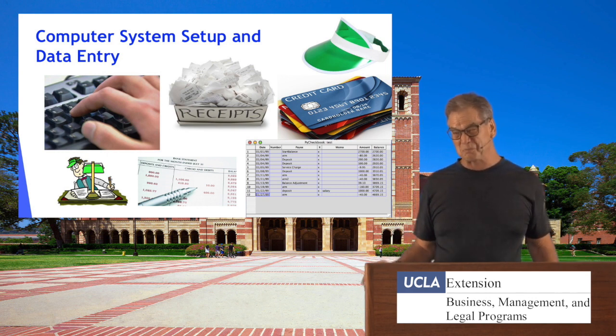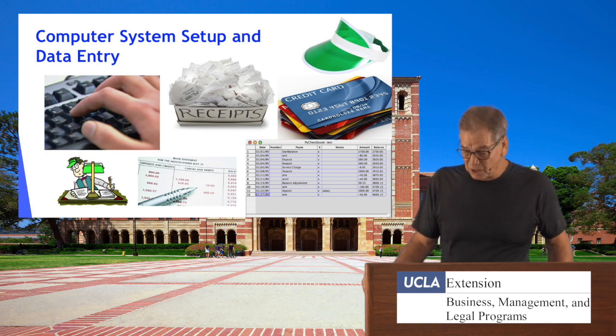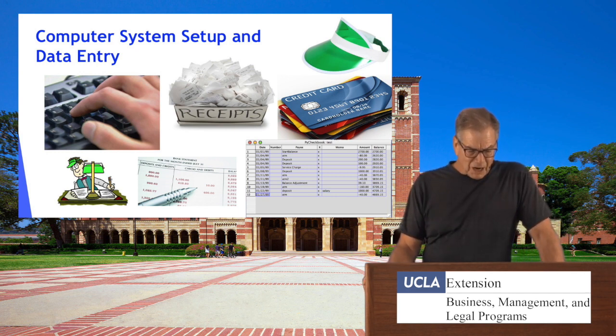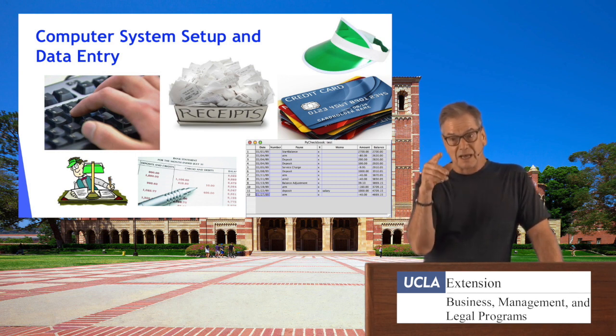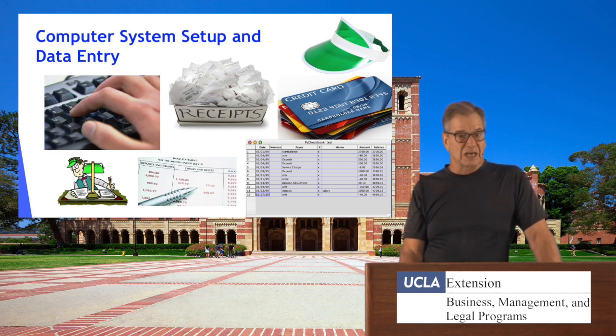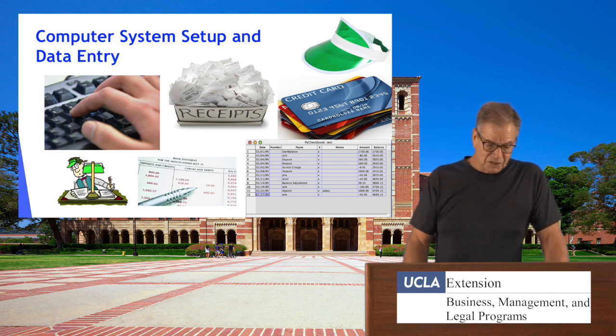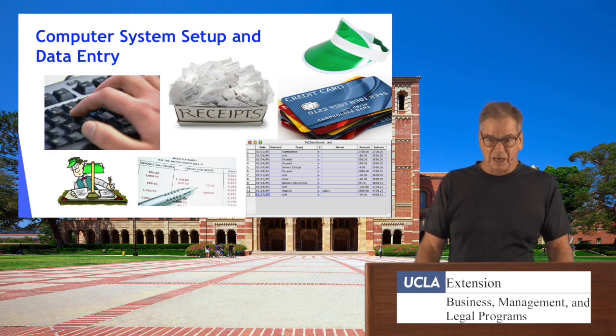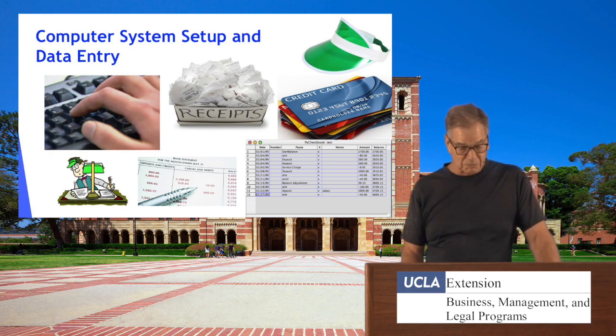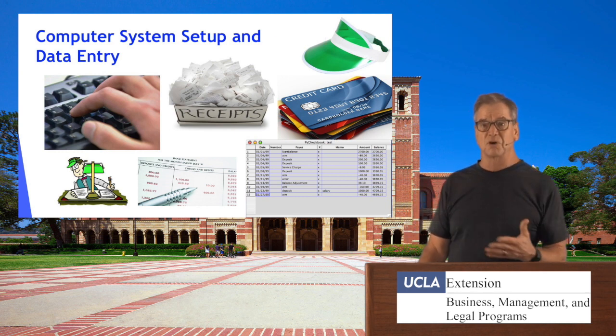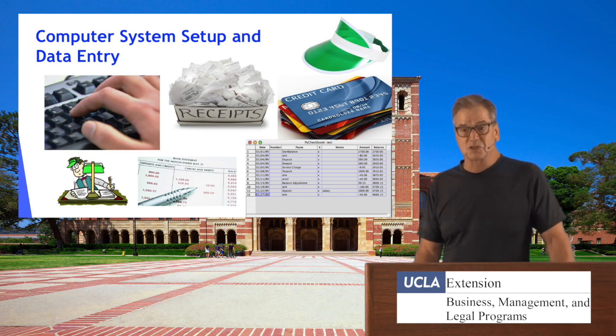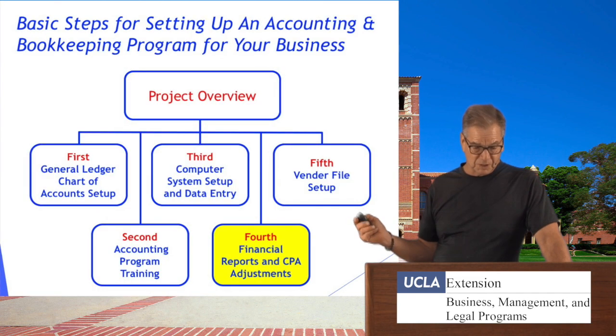So you're not creating a bigger problem. So take to heart the need to set up these systems as soon as you possibly can, even if it's just a few transactions and a few checks and credit cards. Start getting this stuff into QuickBooks or some kind of electronic accounting system as soon as you possibly can to avert a crisis management situation at the end of the fiscal year.